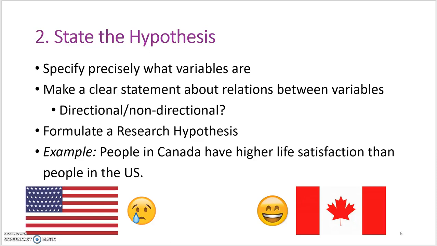Also, if I think that there is a positive or negative relation among the groups or the variables, it needs to be stated in the hypothesis. That's when we decide if we're going to make our hypotheses directional or non-directional. So once I have made these judgments, then I can form my research hypothesis. So continuing with this country example, I might hypothesize that people in Canada have higher life satisfaction than people in the US.